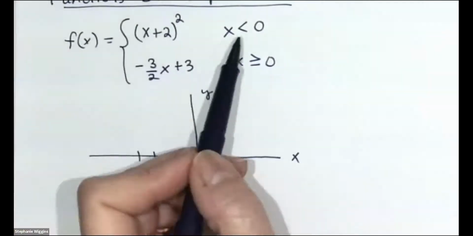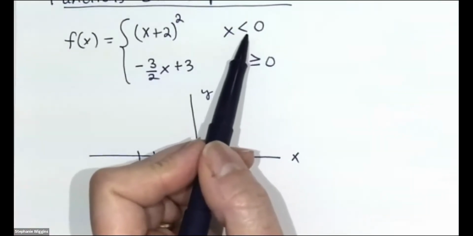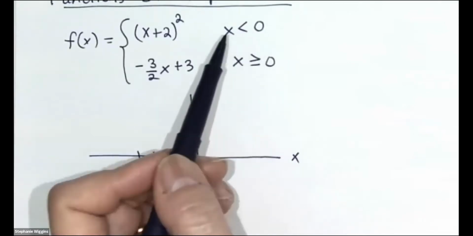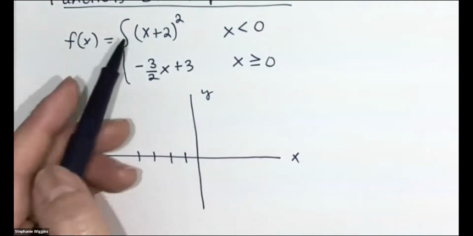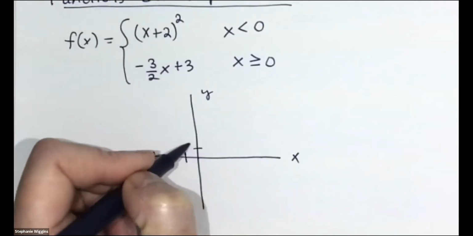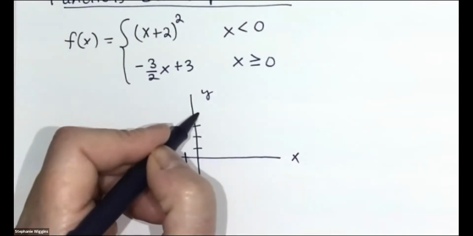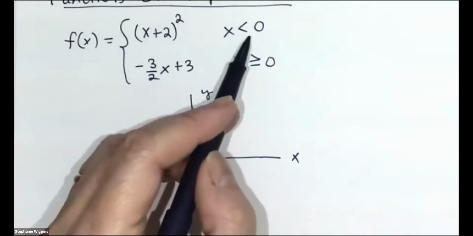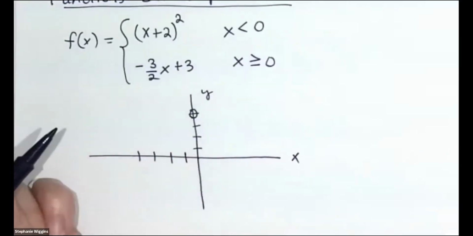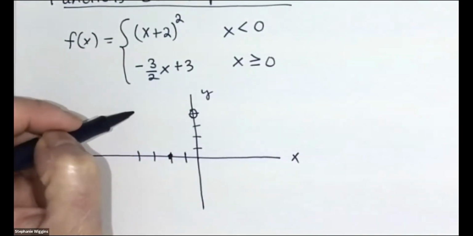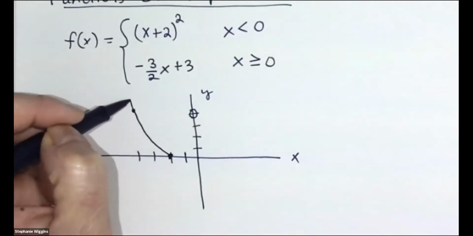But because 0 is not included here, it's just the edge, we have to use an open circle to draw it. So when x is 0, y is 4, and I'm going to use an open circle because of this lack of an equality there. And then here's the vertex. And then the other part looks something like this.